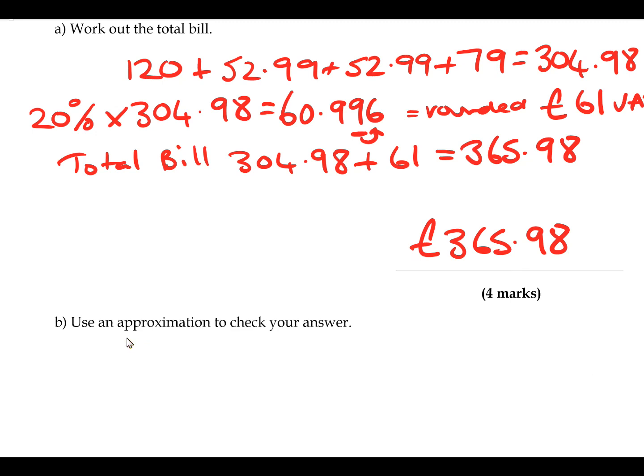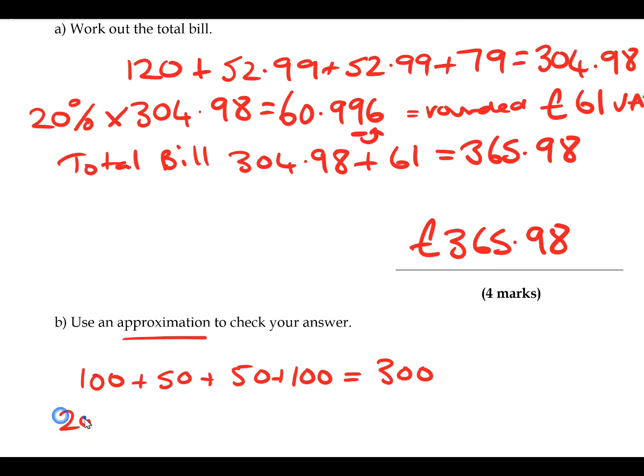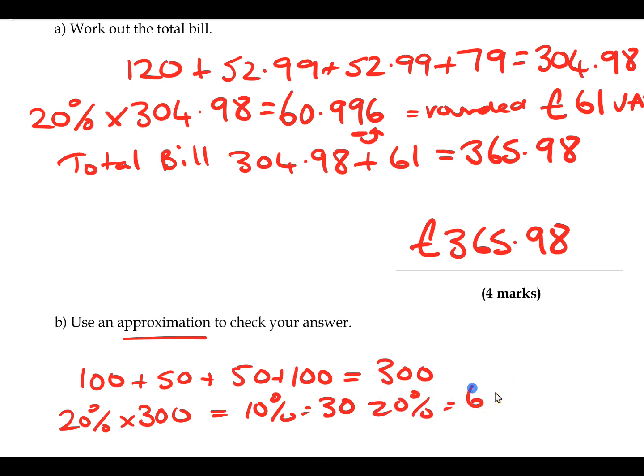Part B is asking us to use approximation to check our answer. So if we took the service as £100, £50 for each tyre, and £100 for the battery, we would end up with £300 approximately. 20% of £300, well, we know 10% is 30, so 20% would be £60.